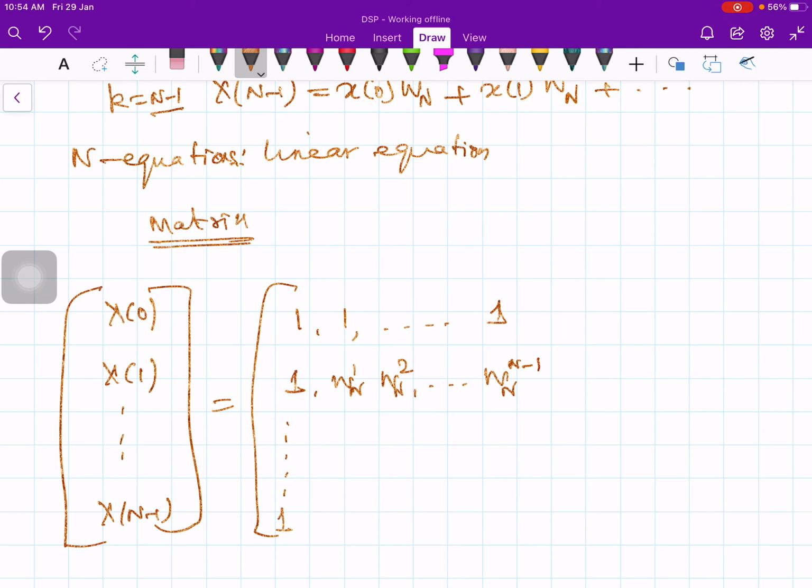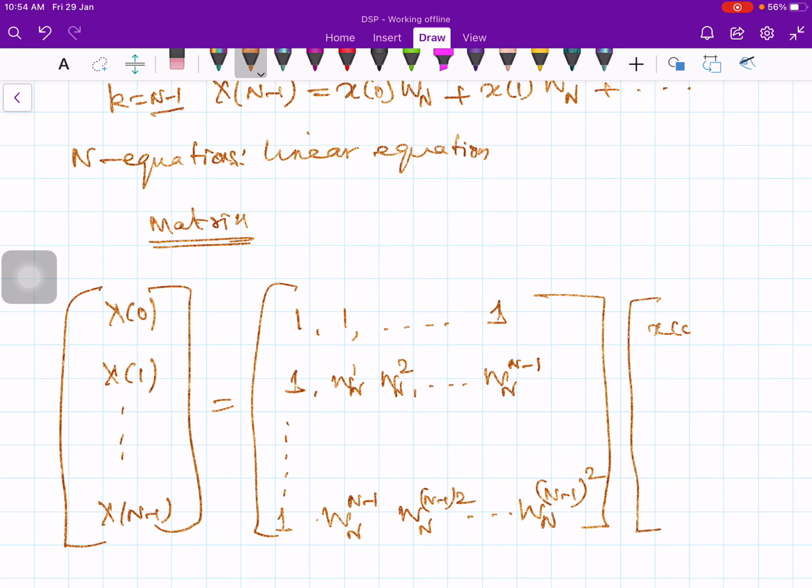Here this is 1, Wn to the n minus 1, Wn to the n minus 1 multiplied by 2, dot dot dot, Wn to the n minus 1 the whole square, multiplied by the samples x of 0, x of 1, x of n minus 1.